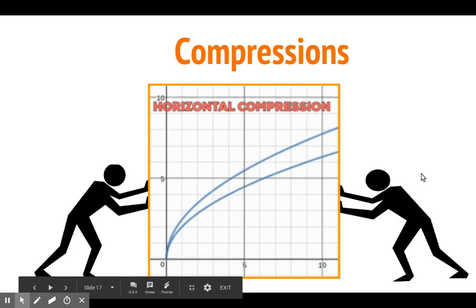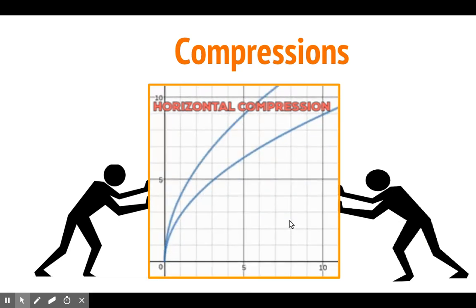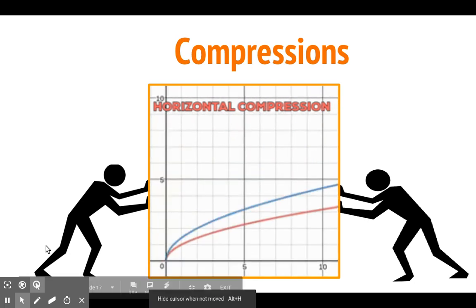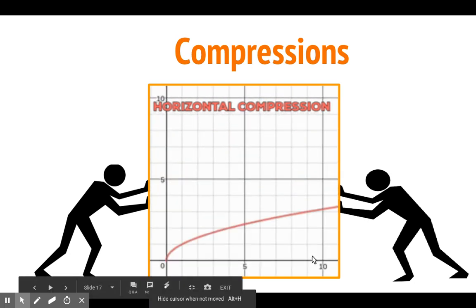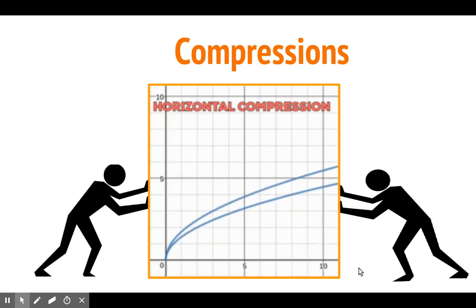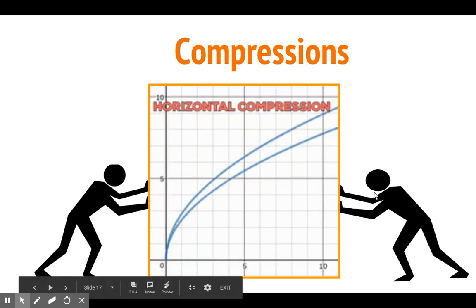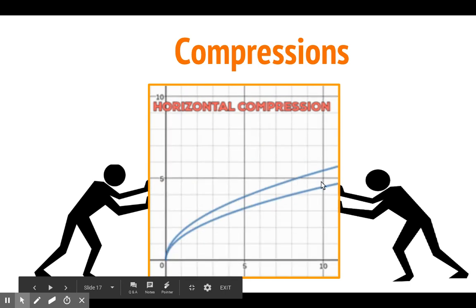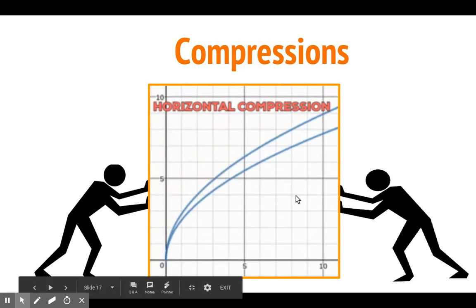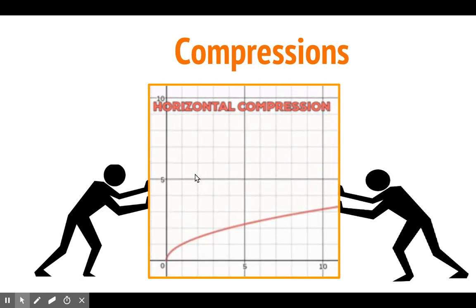Compressions. So if you can imagine that our red function is the parent function, now we're on horizontal compressions, and you can see these men pushing on either side of our function. The red function is the parent function, and we're squeezing it towards the center, from each side.